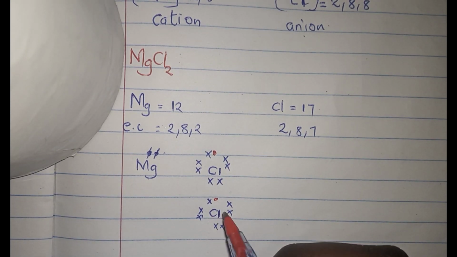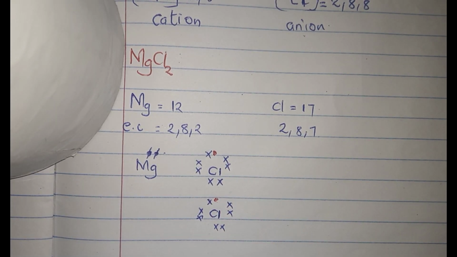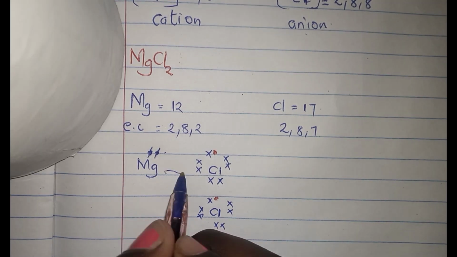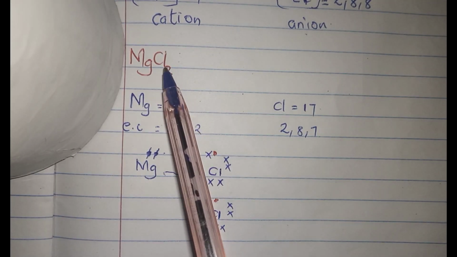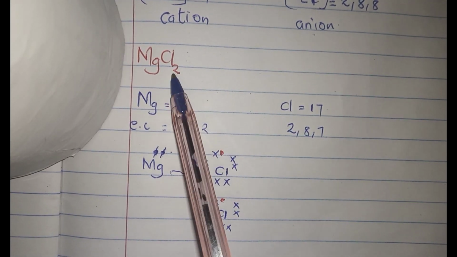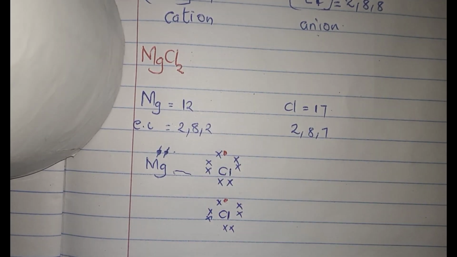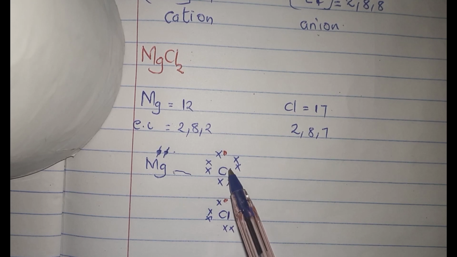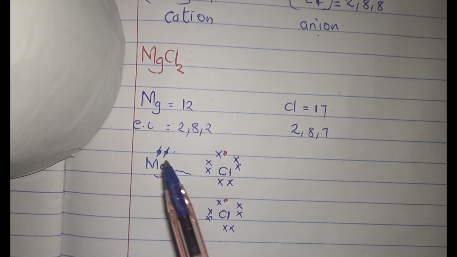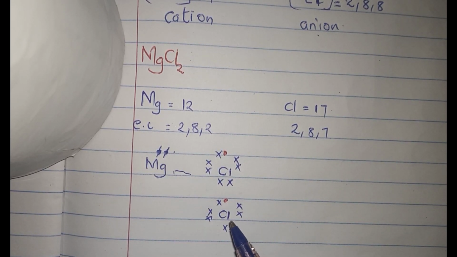Remember, there are 2 chlorine atoms. So magnesium has 2 electrons on the outermost shell. It gives 1 electron to one chlorine, and the other electron is given to the other chlorine.